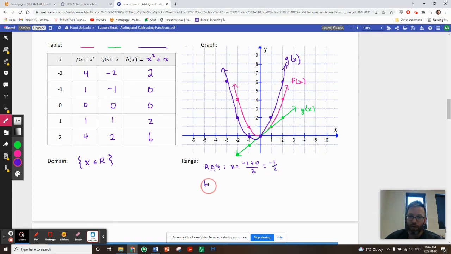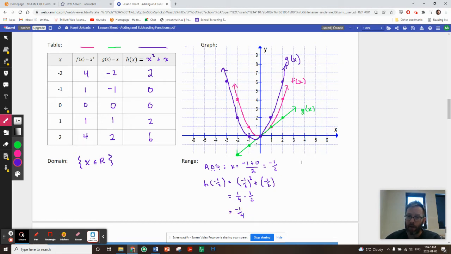What's the value of the function at -1/2? Should be h at -1/2. -1/2 squared plus -1/2. So that would be 1/4 minus 1/2. And a half is 2/4. 1/4 minus 2/4, you get -1/4.